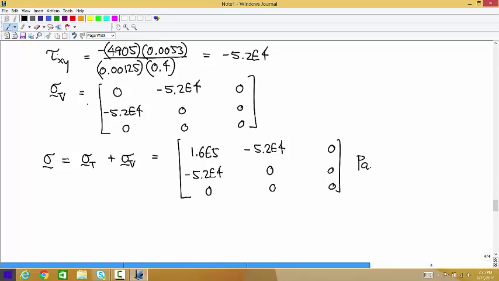And those are pretty small stresses, so there aren't too many materials that would have any trouble withstanding that. But if you wanted to calculate the max shear stress, take the principal stresses and then use the formula to calculate the max shear.